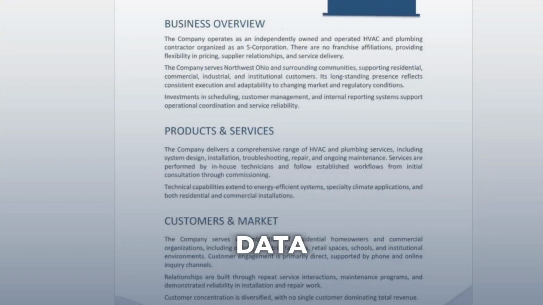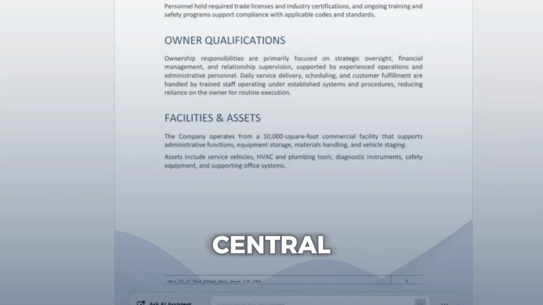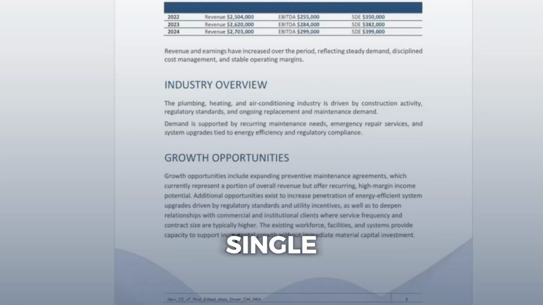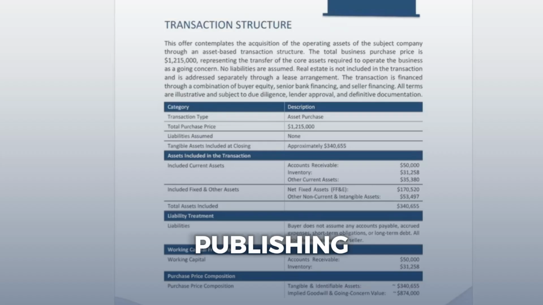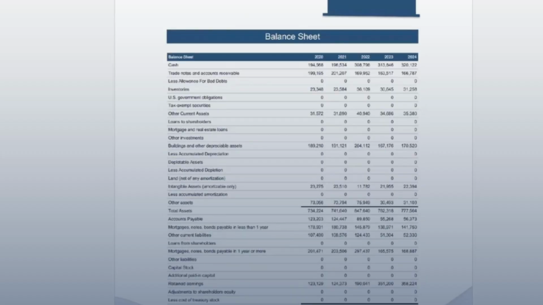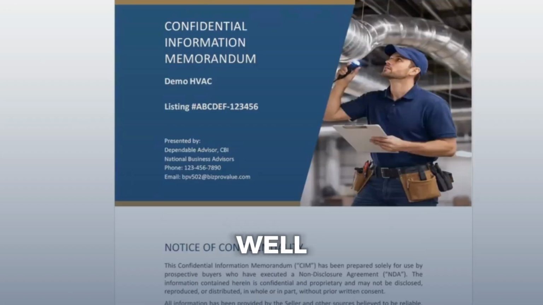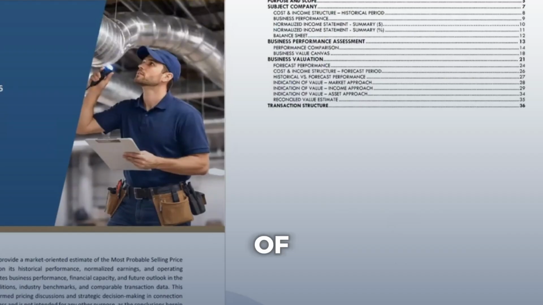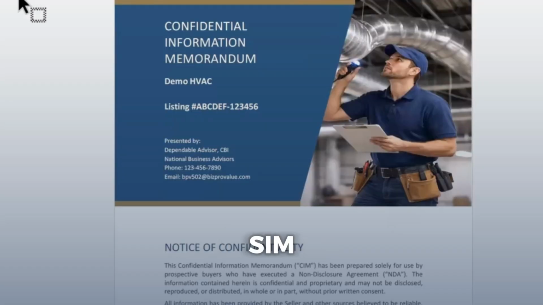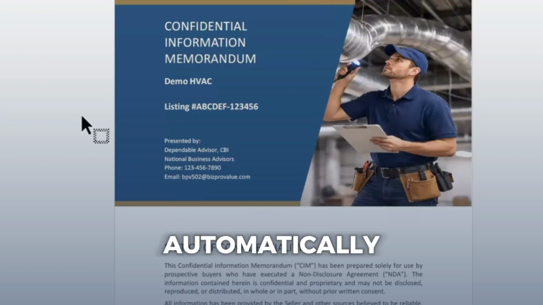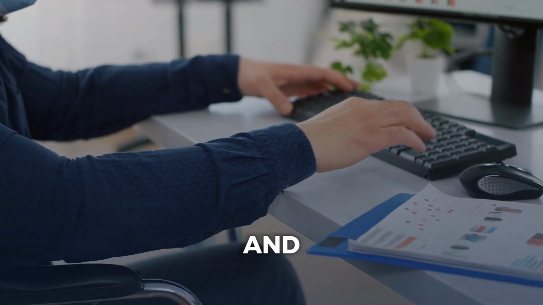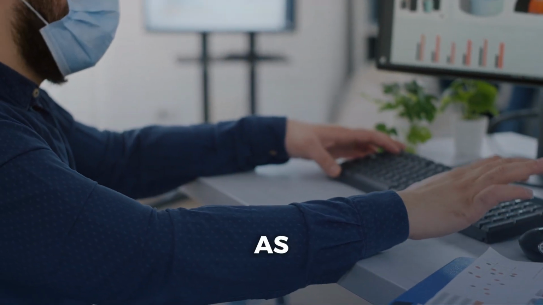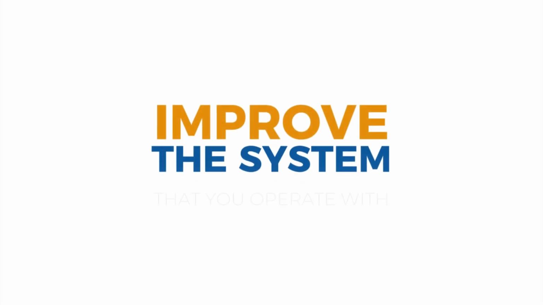And you'll have data that all comes from a central source of truth, a single source of truth. So you have great continuity in all of your publishing documents, which will come along with that as well.